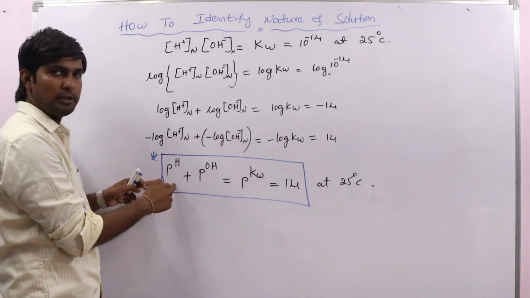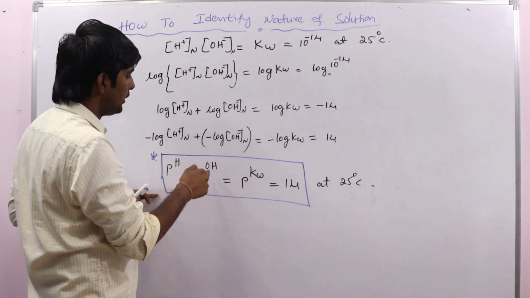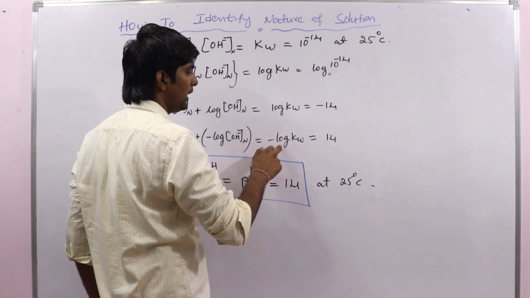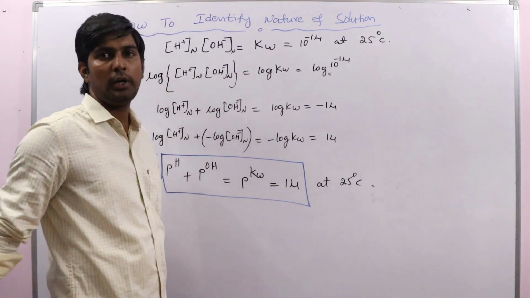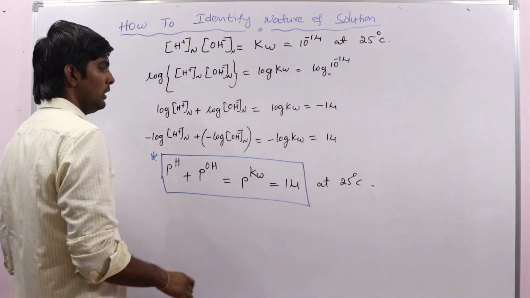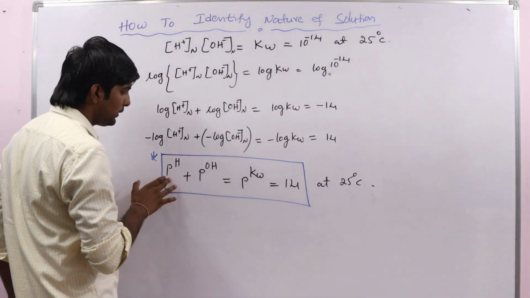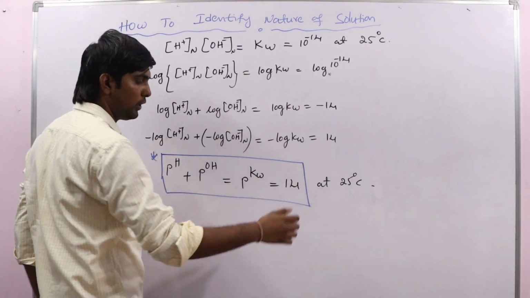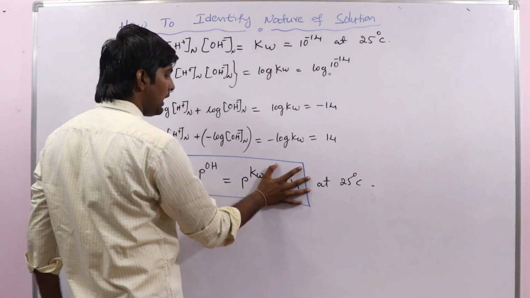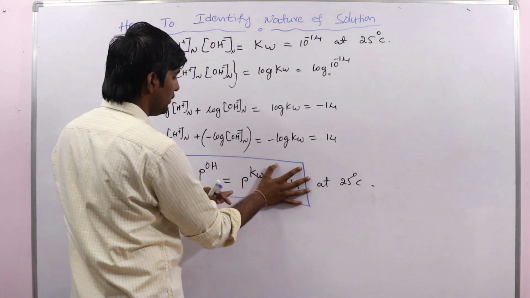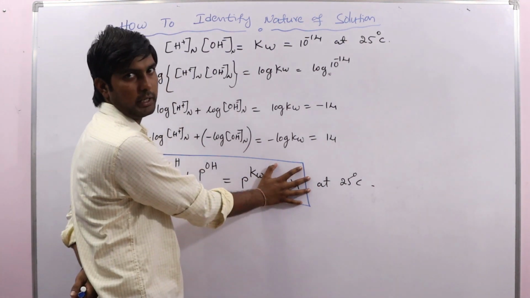Minus log H plus is pH, minus log OH minus is pOH, and similarly minus log Kw is pKw, that is equal to 14. Remember that at 25 degrees centigrade pH plus pOH equals 14 because pKw equals 14. But at any other temperature pH plus pOH is equal to pKw, the general case.